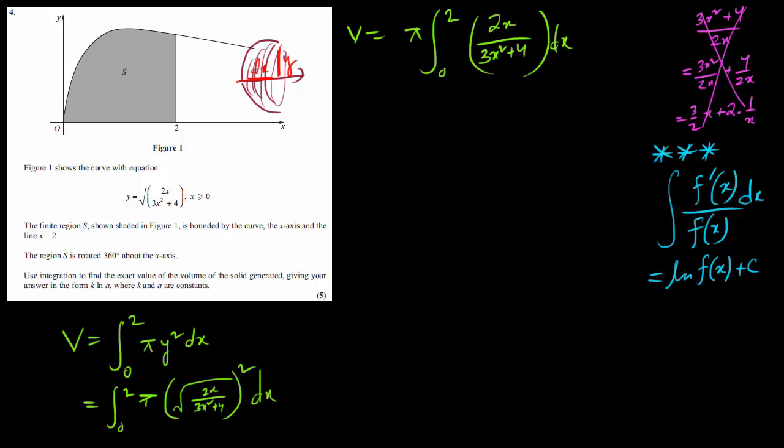So let's check. The derivative of 3x squared plus 4 is 6x. But upstairs we don't have 6x. Upstairs we have only 2x. So where do we get 6x? We have to make sure we multiply it with 3. So if we do this, 0 to 2, 6x divided by 3x squared plus 4 dx, now it works.